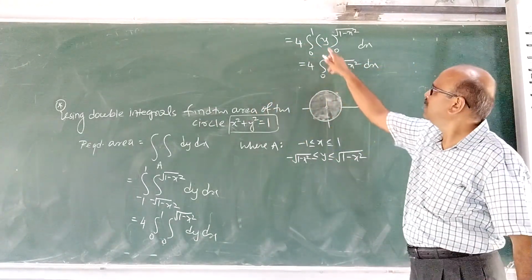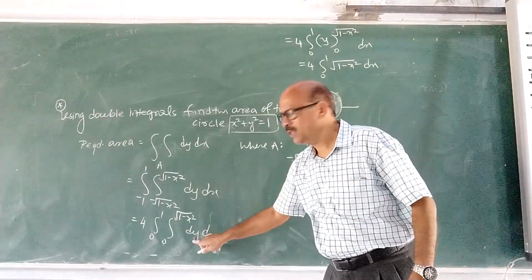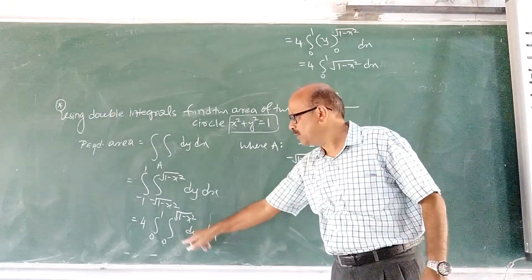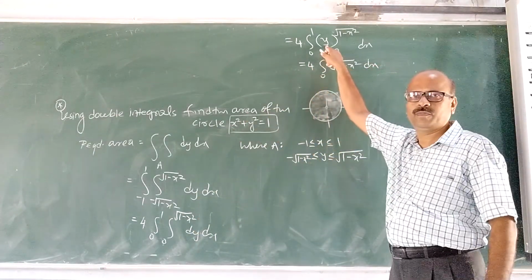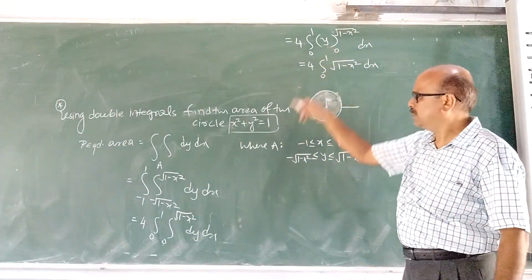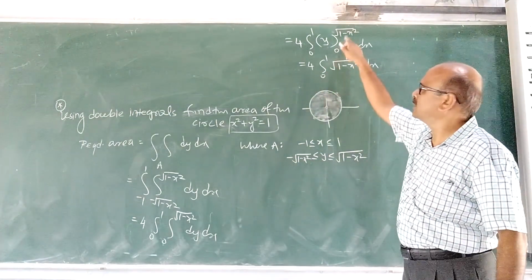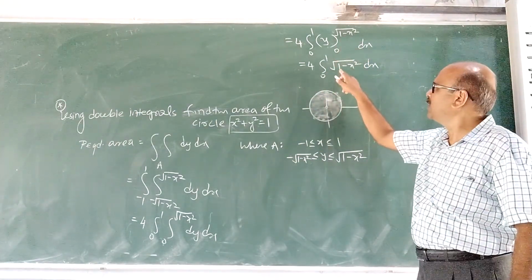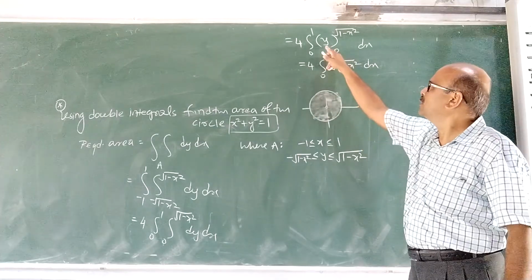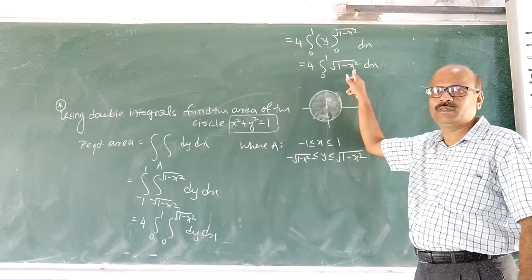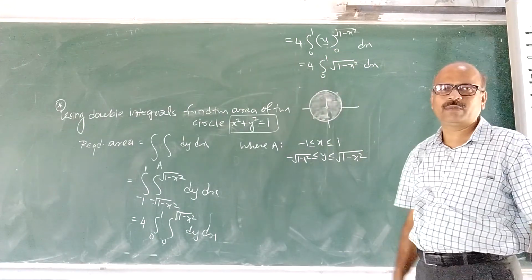How do we get this step? What is the integration of dy? The inner integral is with respect to y. 1 dy is y. What are the limits for y? 0 and root 1 minus x square. The upper limit is root 1 minus x square minus 0, which I have not written here. Only root 1 minus x square.